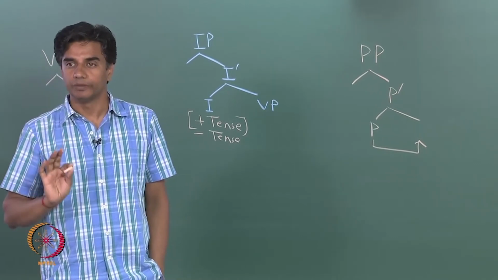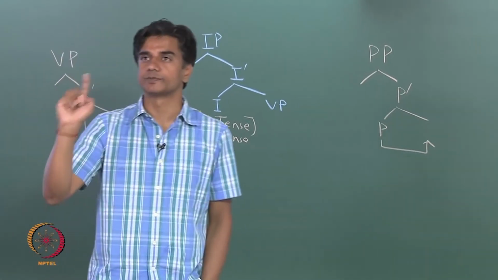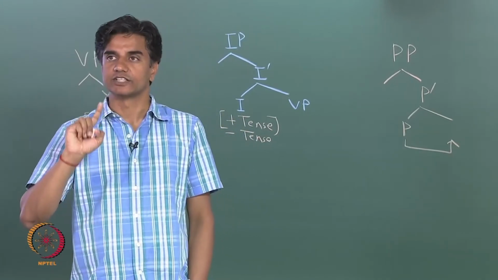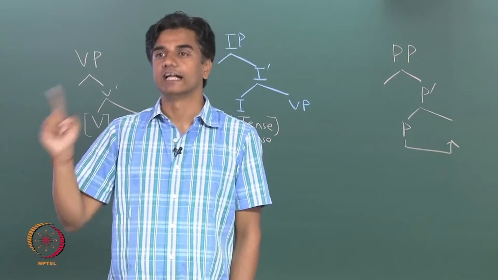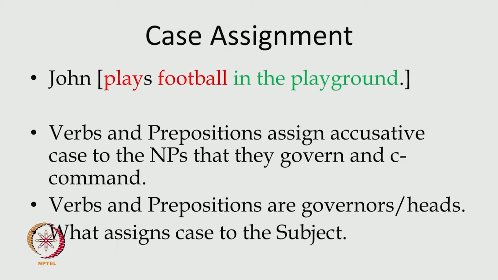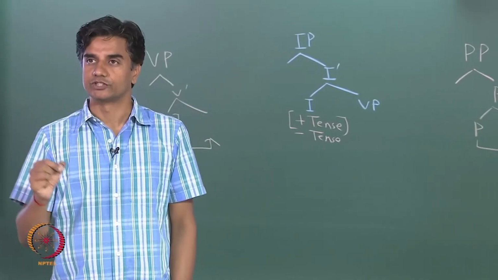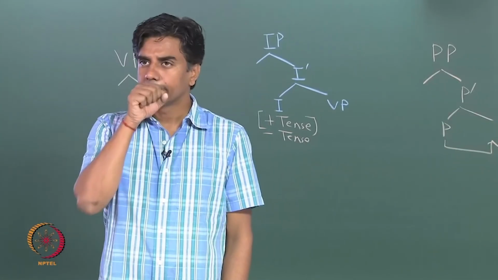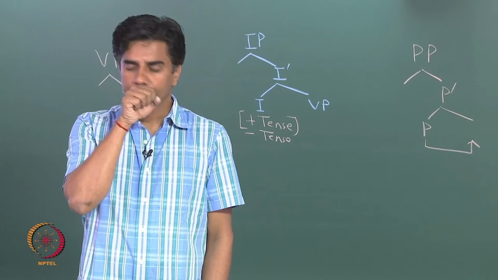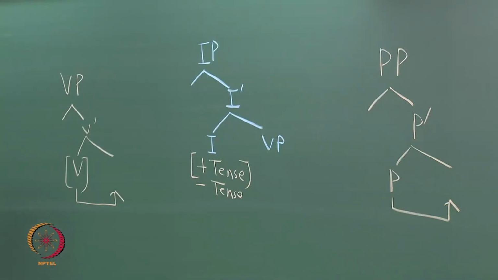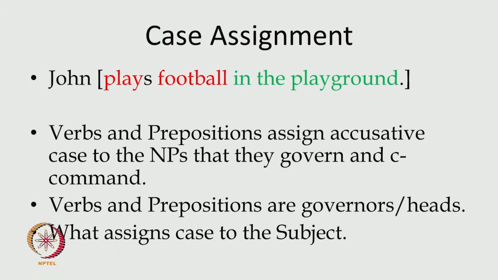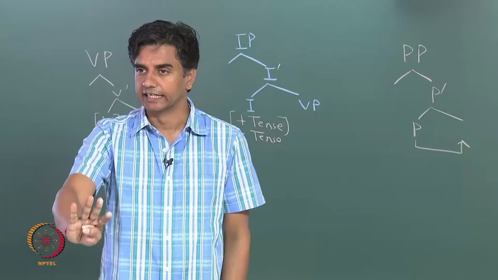Heads assign accusative cases to their complements. That is what we mean when we say verbs and postpositions assign accusative cases to the NPs they govern and c-command. Now, we are bringing in the two terms, govern and c-command, right? And I am going to explain that to you. And, okay, we answer the last question, what assigns case to the subject, a little later, okay?